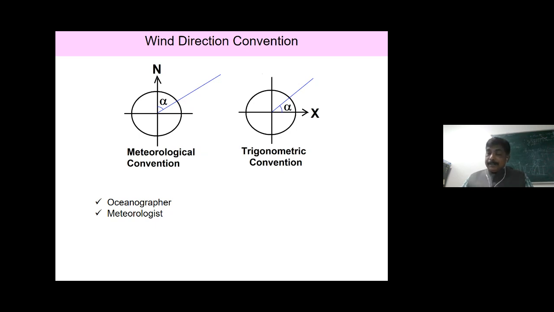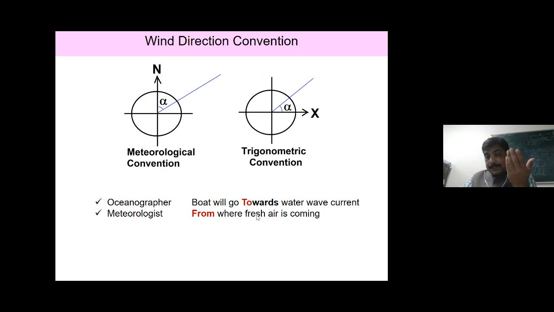He doesn't mind after touching him, the wind goes in any direction. So the meteorologist's interest is from where the fresh air is coming, whereas for an oceanographer, the interest is where his boat will go. So the difference is the oceanographer looks for the current towards, whereas meteorologists look for the wind direction from.